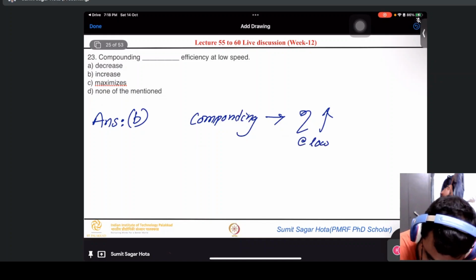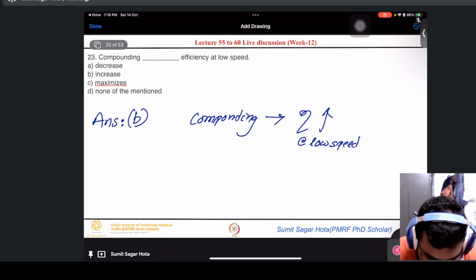But it should be noted that it's at low speed, not at high speed. At high speed the condition may be different. That means it's a function of speed. Depending on speed, efficiency will vary. You have to change the compounding also.